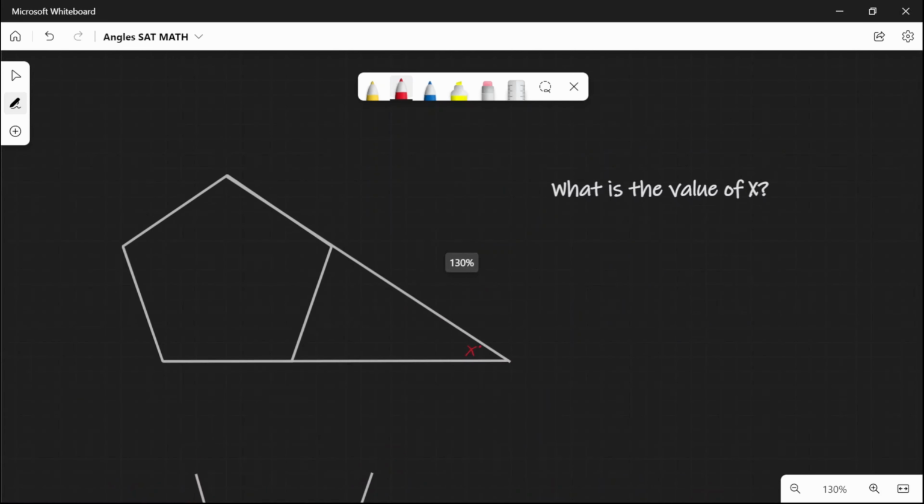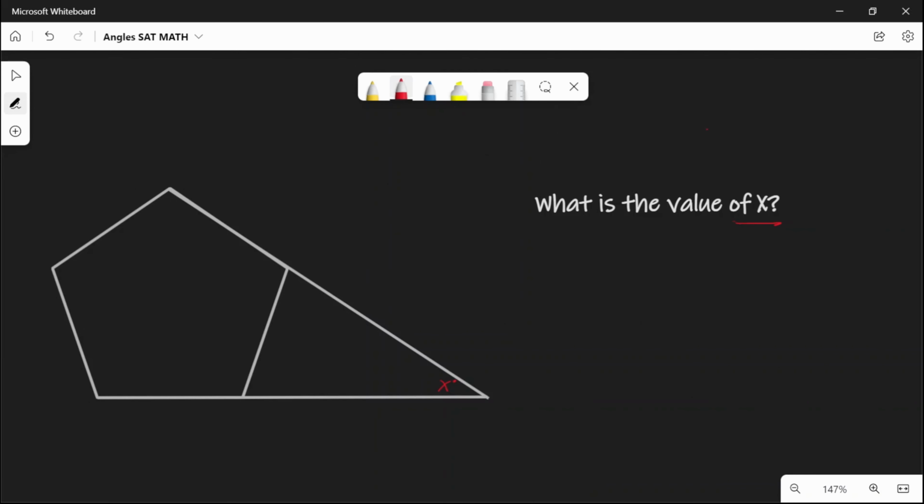Now let's take some examples. Here we want to find the value of x, which is this angle here. As you can see, we have a polygon with 5 sides and a triangle. Now in order to know the value of x, we should know the value of the other 2 angles in the triangle.